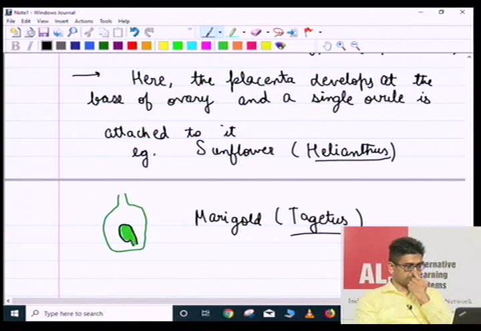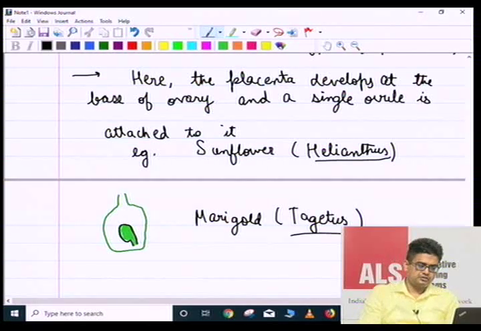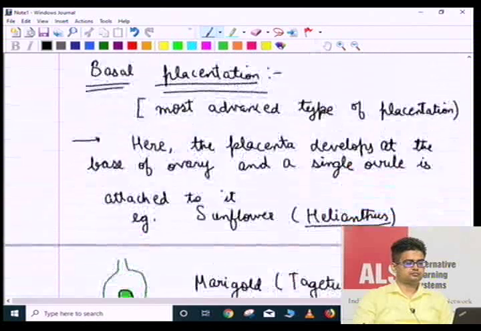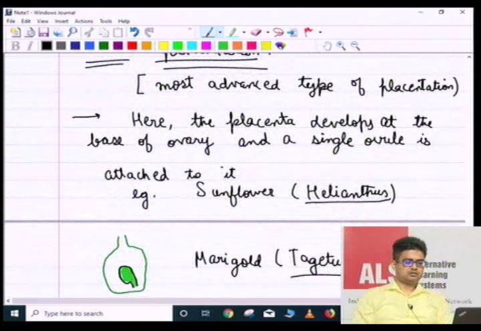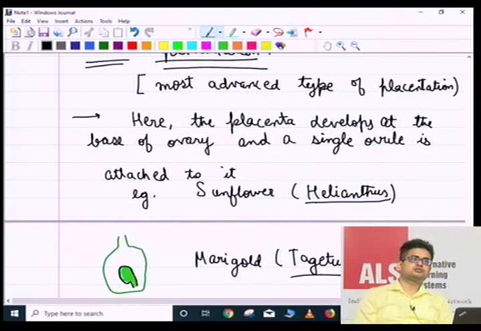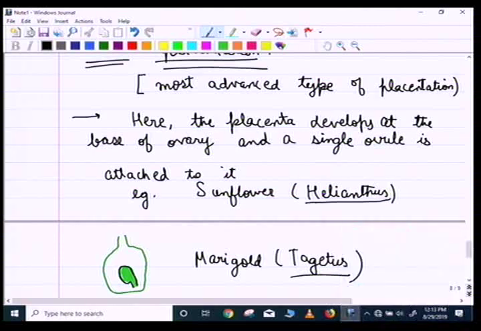Okay, this is the ovule which is coming out from the base. This is the basal placentation. Okay. Now flower is officially finished.